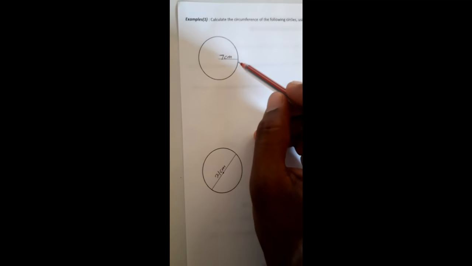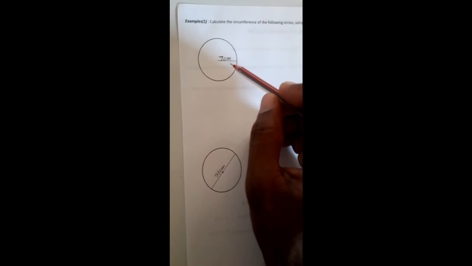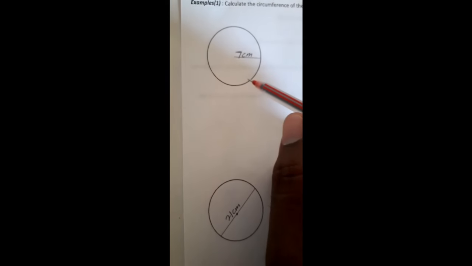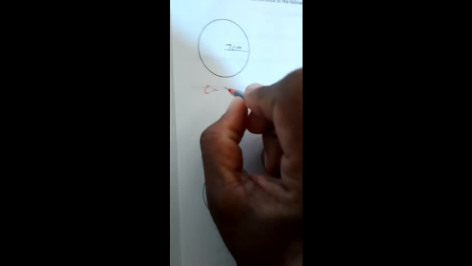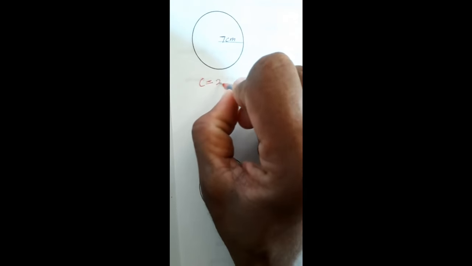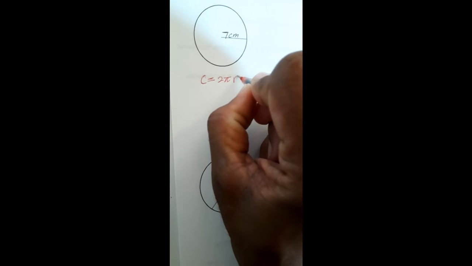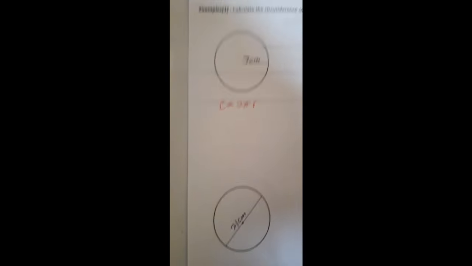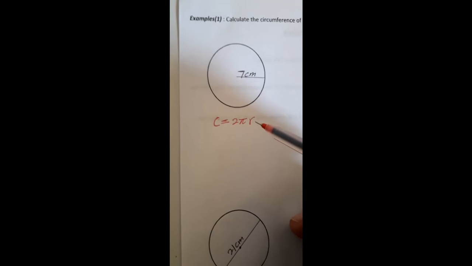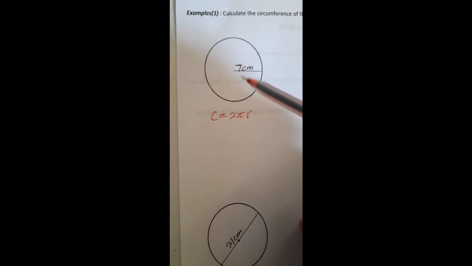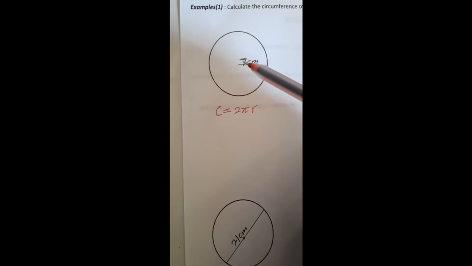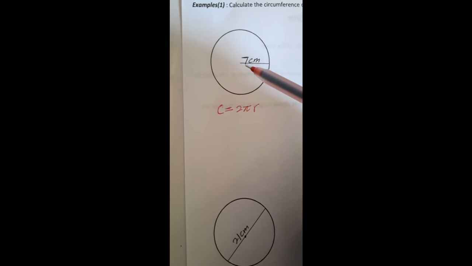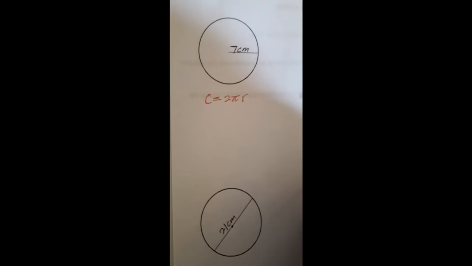Since the radius is given, I can use C equals 2 pi r. If we want to use C equals pi d, we have to find the diameter, and we know that 2 radii equal 1 diameter, so the diameter would have been 14. But that is some extra work, so you can go ahead and use C equals 2 pi r.